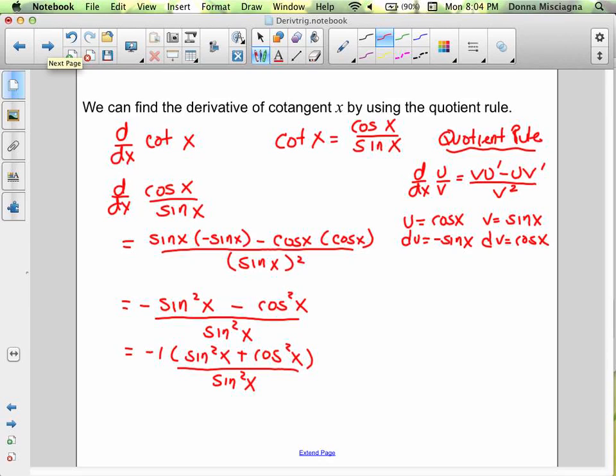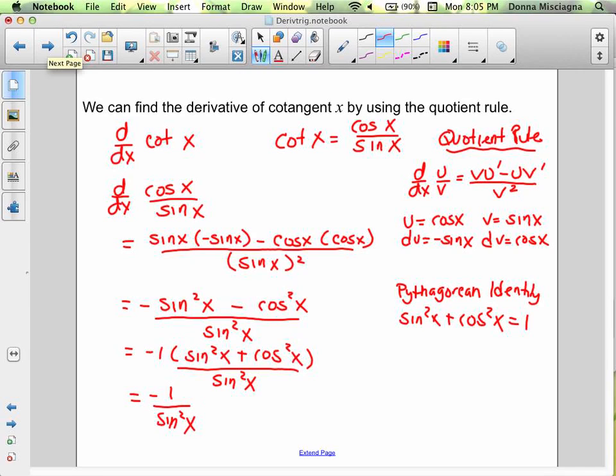Remember that one of the Pythagorean identities is that sine squared x plus cosine squared x equals 1. So we can replace the sine squared x plus cosine squared x with a 1, and negative 1 times 1 is negative 1. So we have negative 1 in the numerator and sine squared x in the denominator.